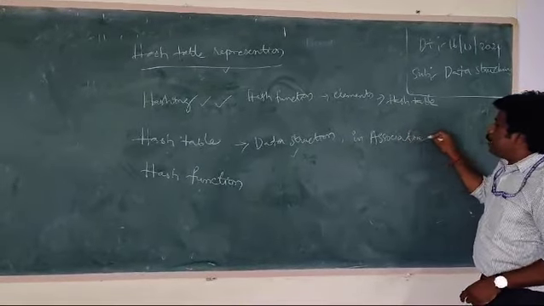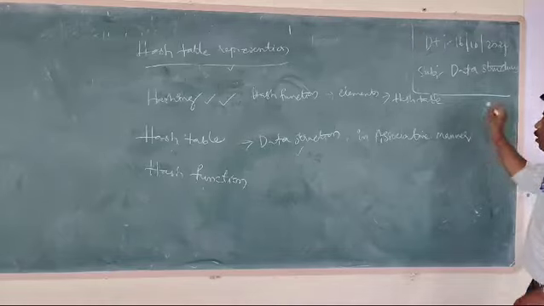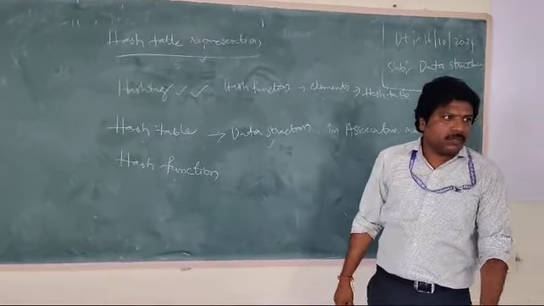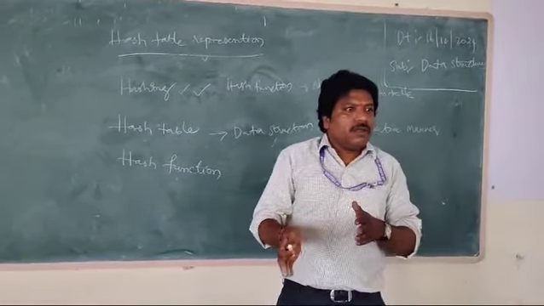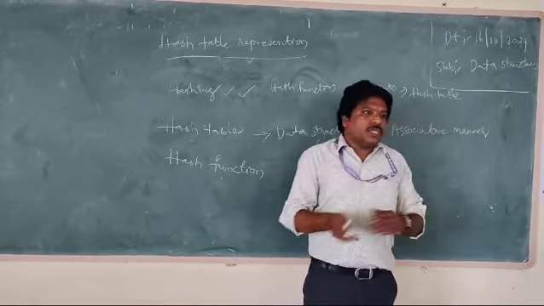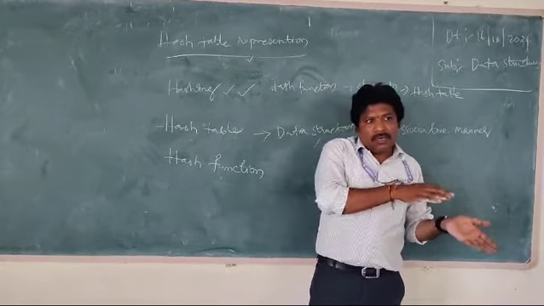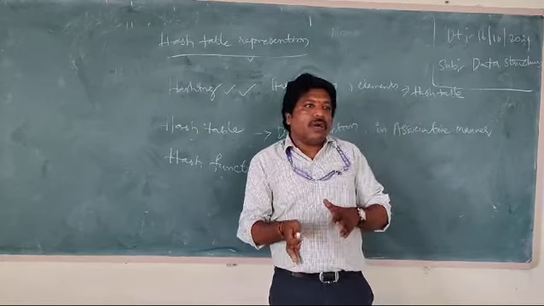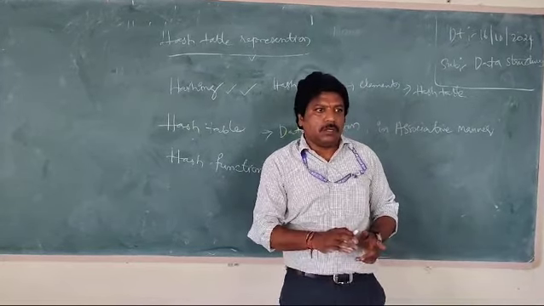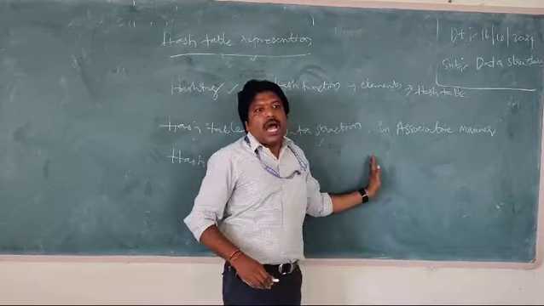What is an associative manner? Associative means there will be a relation here, between the key, the actual data, and also the hash value, the index position. That we are going to see in the hash table.